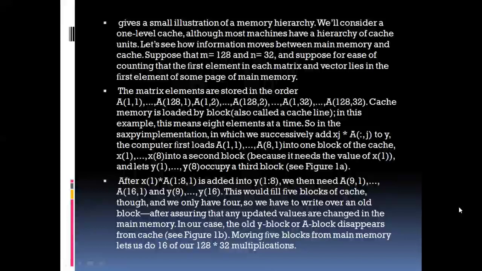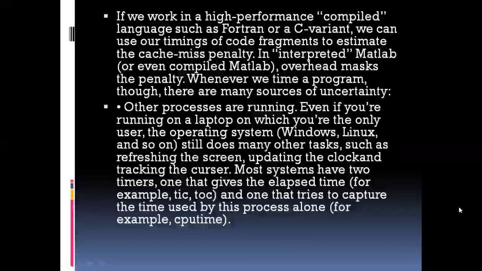This will fill 5 blocks of cache, and we only have 4. So we have to write over old blocks. After ensuring that any updated values are changed in the main memory, in our case, the old y block and a block disappear from the cache. Moving 5 blocks from main memory lets us do 16 out of our 128 times 32 multiplications.